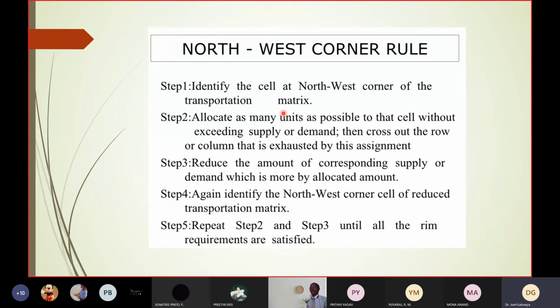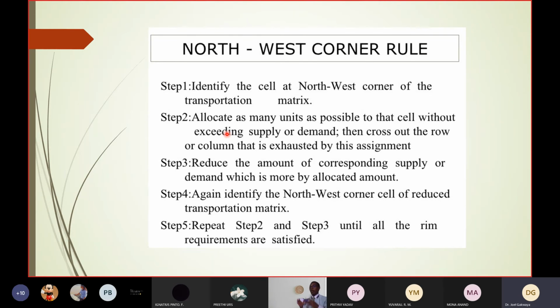Remember, it will be in a tabular format or in a matrix form. Step number two, allocate as many units as possible to the cell without exceeding supply or demand. Then cross out the row or column that is exhausted by this assignment.